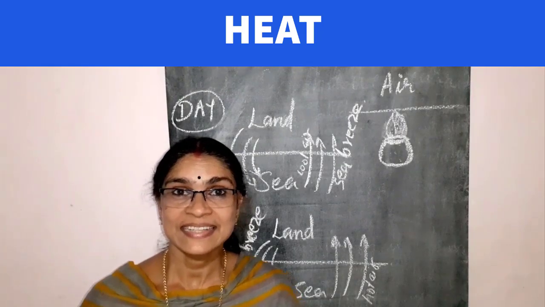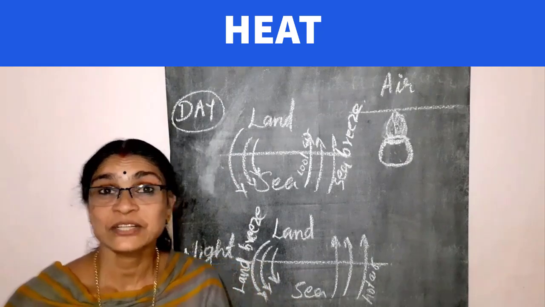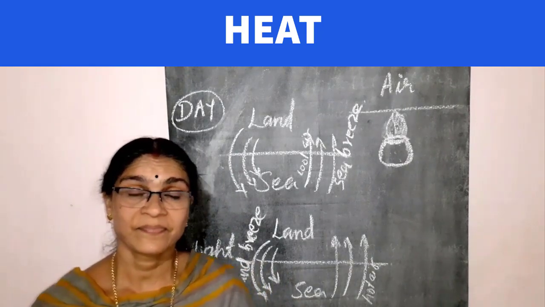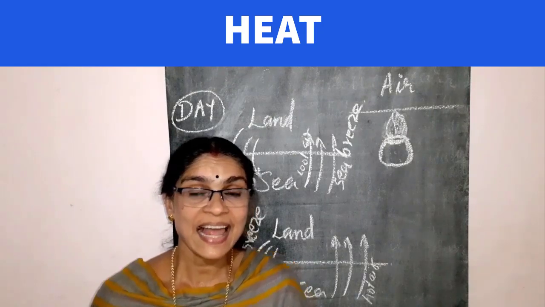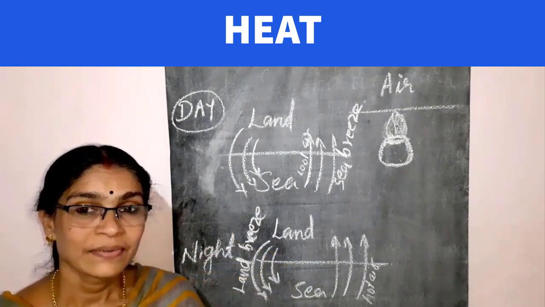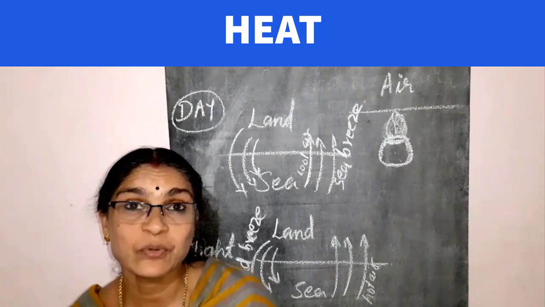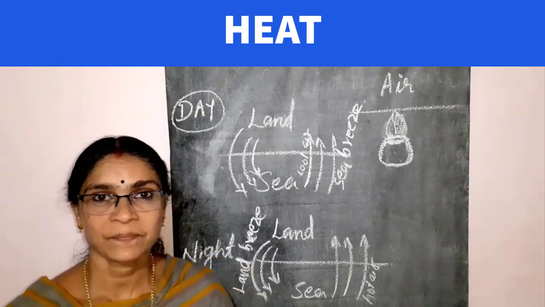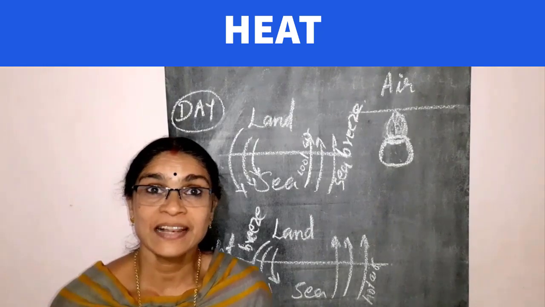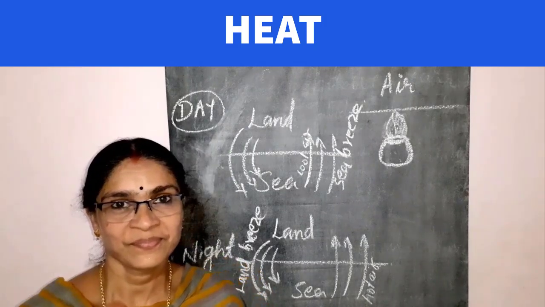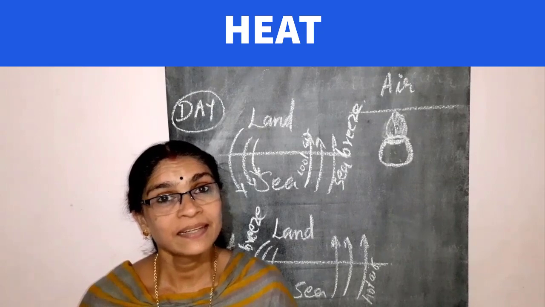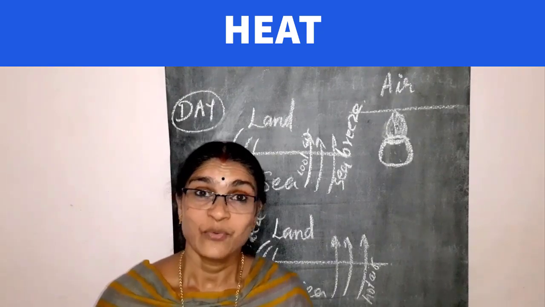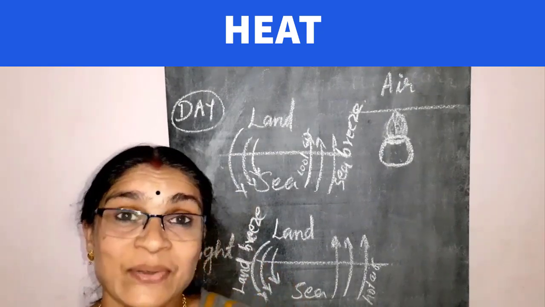As we know that air is a poor conductor of heat, so it doesn't allow the transmission of heat from our body to the surroundings. So we feel warm. Because of that, we are very comfortable while using woolen clothes during cold seasons.